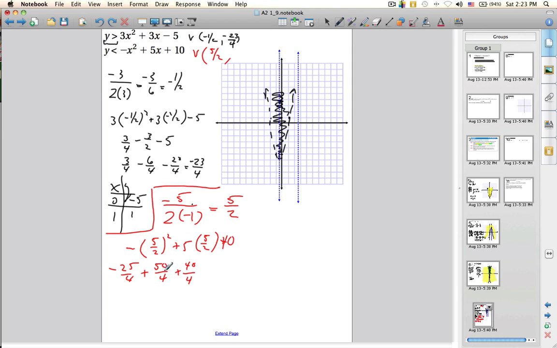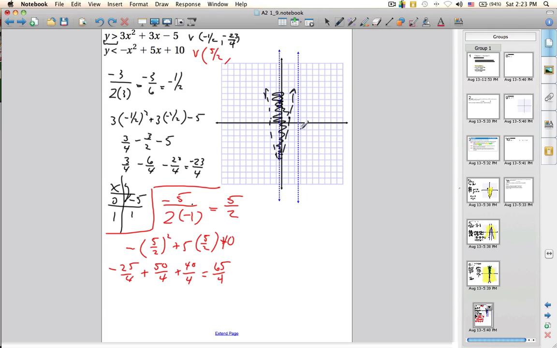So negative 25 and 50 is 25 fourths plus 40 fourths equals 65 fourths. Right, that's a little bit big, but it's just a little over 16, right? 16 would be 64 fourths, so I need to go 1/4 higher than that.